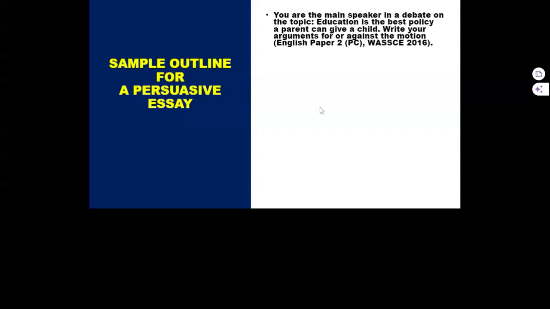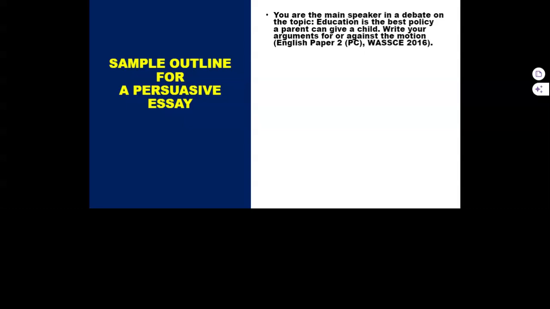When you look at the essay prompt, and then you brainstorm on the topic, and the ideas flow naturally into your mind, you need to jot them down and make a list of those key ideas you are going to use in writing your essay. This list of the main ideas is what we call your outline. So let's begin to look at a sample outline for our sample persuasive essay.